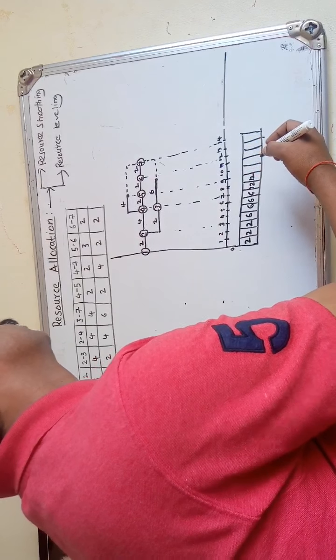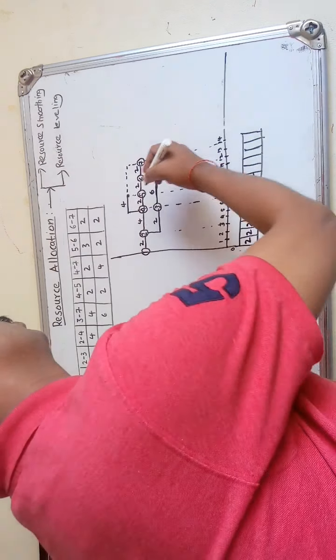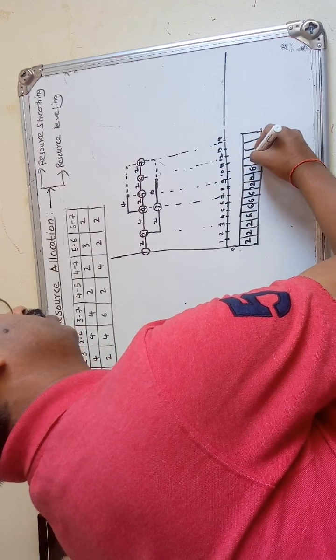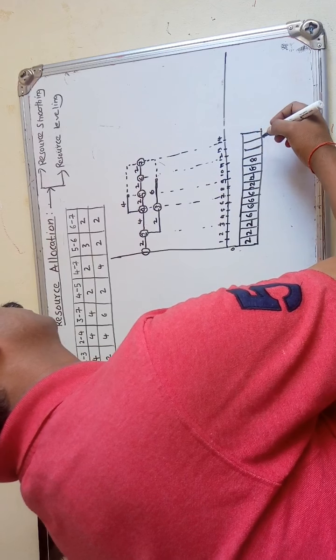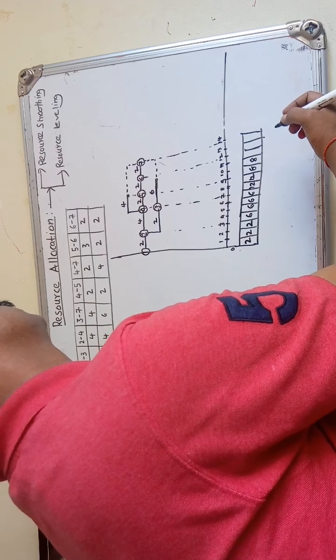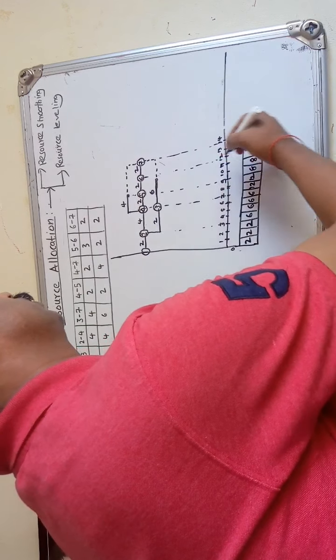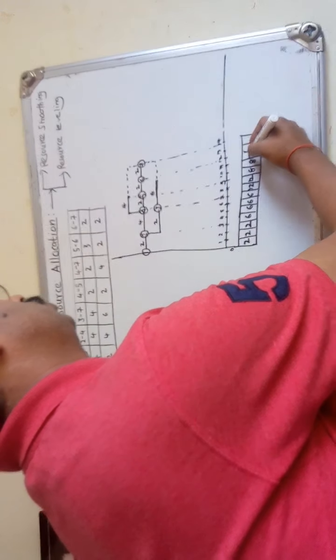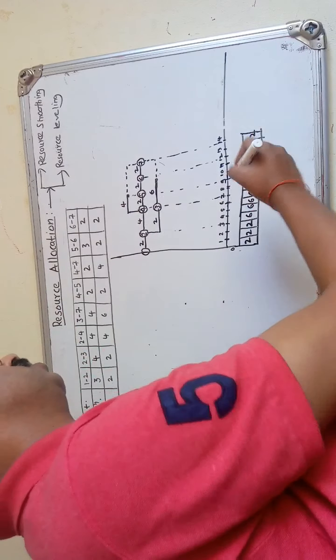Then we have 8 8, and then 2 2 2. So this is the demand before smoothing.